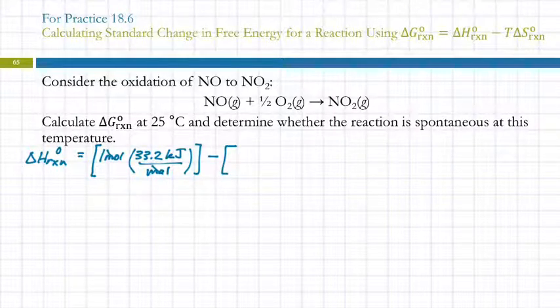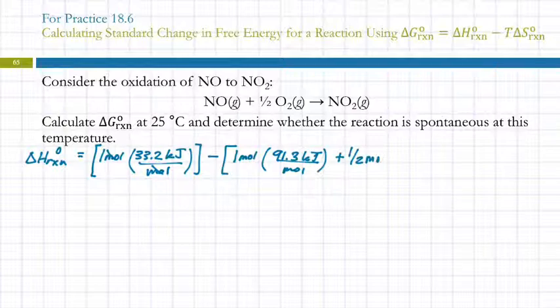Then I'm subtracting the heats of formation for my reactants. I have 1 mole of NO, and the heat of formation for that is 91.3 kilojoules per mole. And then I've got 1/2 of a mole of O2. What's the heat of formation for that? 0. If you forget that, when you look it up in the table, it says that it's 0.